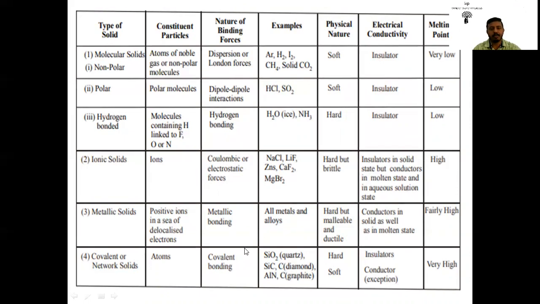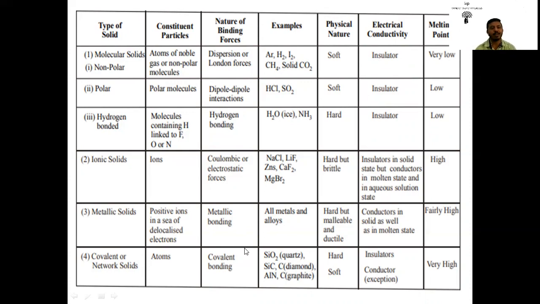The binding force in non-polar molecular solids is London force or dispersion force, also called induced dipole interaction. Examples: argon, hydrogen, iodine, solid carbon dioxide, CH4, etc. Generally, they are soft in nature and act as insulators, and the melting point of non-polar molecular solids is very low.